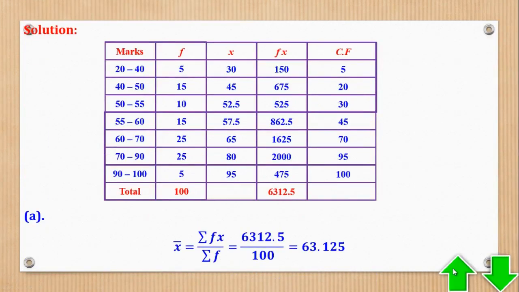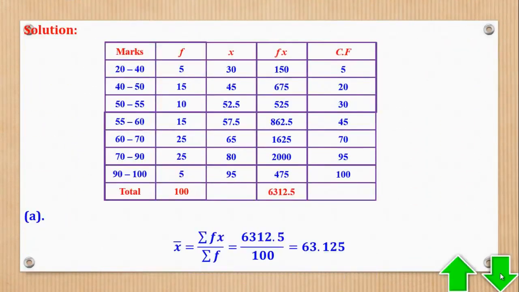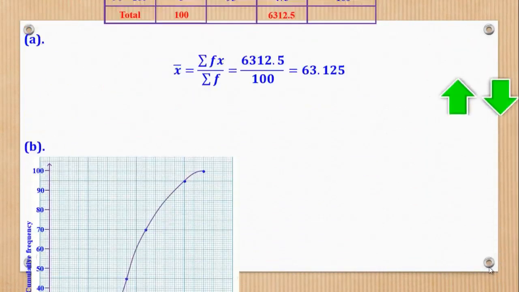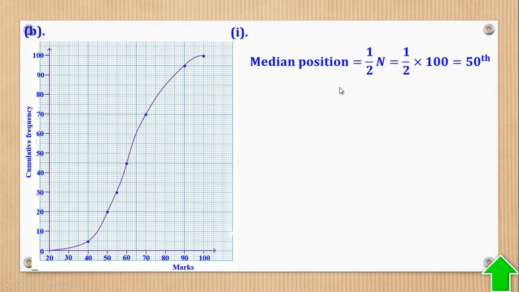The next part says, use it to find the median mark. Median mark, you need to get the median position first. So we shall say that from Roman 1, the median position is a half n. A half times the total, which is 100, to give you 50.